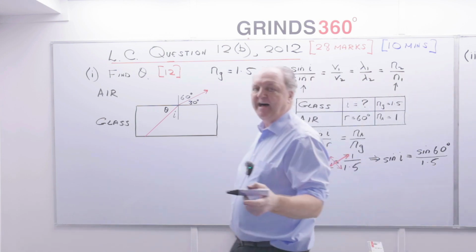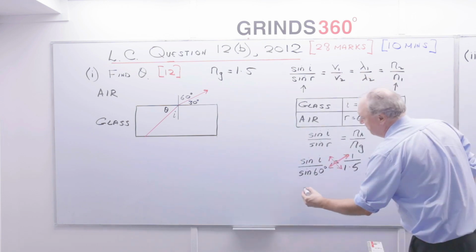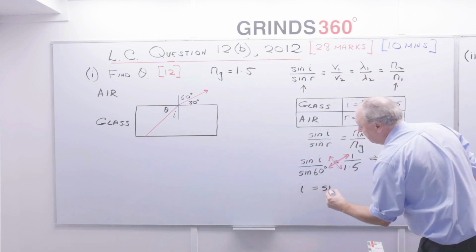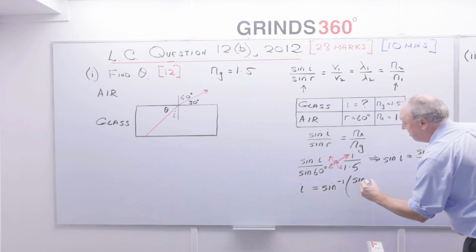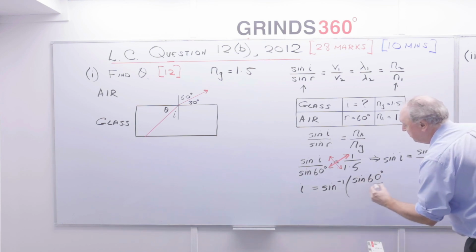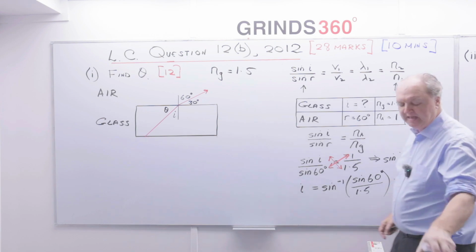And therefore I would be the inverse sine of that. So I is equal to the inverse sine of sine 60 over 1.5. So put that into my calculator.